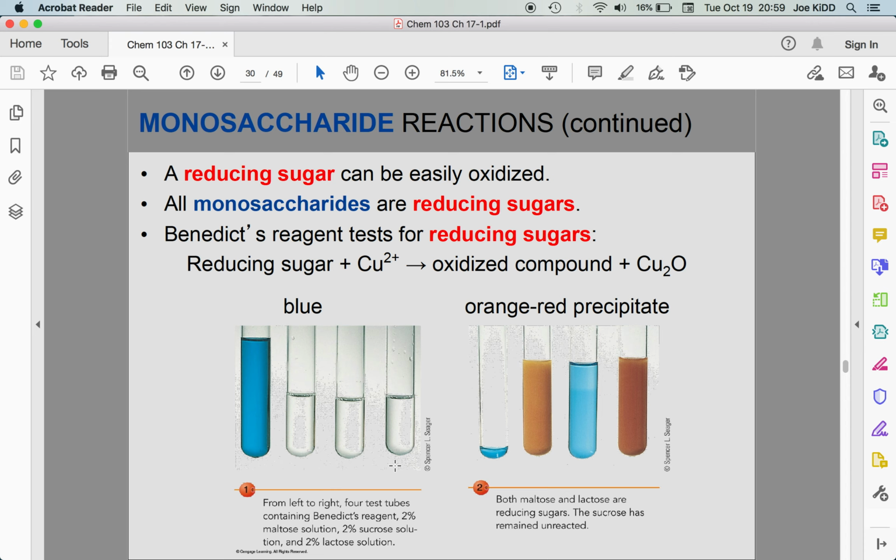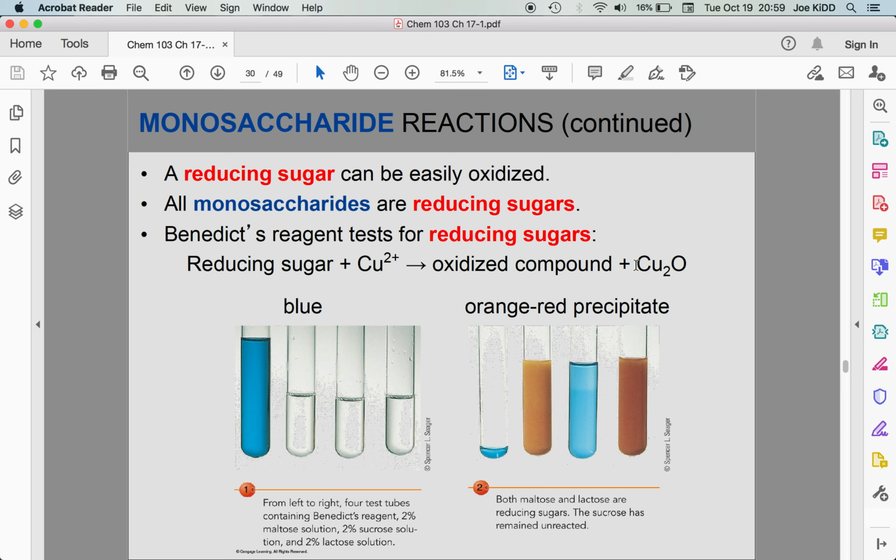Benedict's test is one way where we can use a reagent to determine whether we have a reducing sugar or not. The reducing sugar will reduce the copper and produce copper oxide.